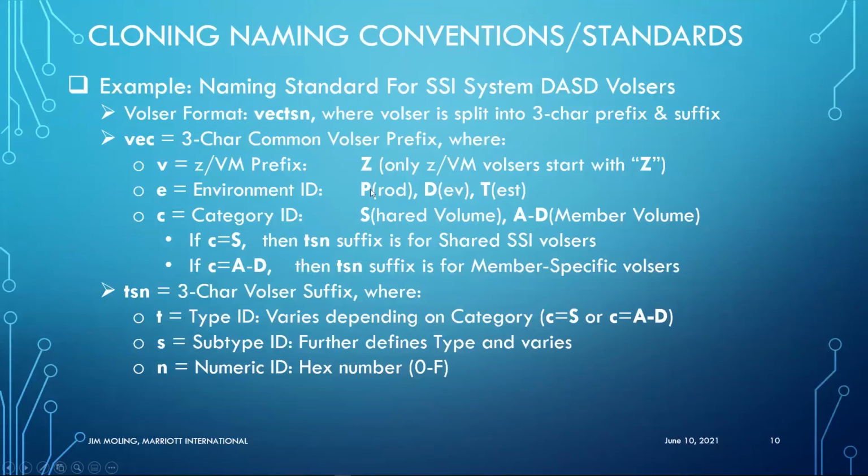All right, and then the second position is going to be the environment. So P for prod, D for dev, T for test. So that correlates, right? You have 1 character that correlates to the 3 characters and goes from there. And the category, the third position, is going to be an S if it's shared, or it's going to be the member ID, A, B, C, or D in this case.